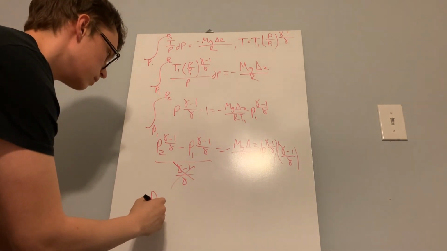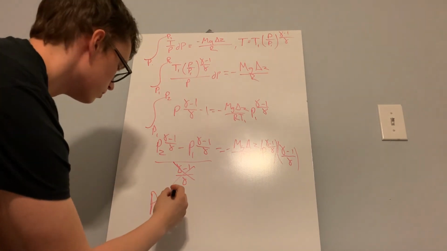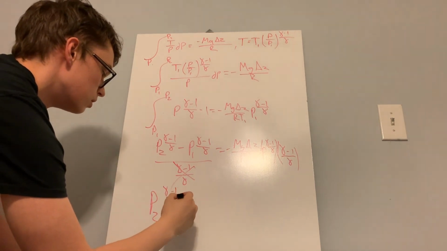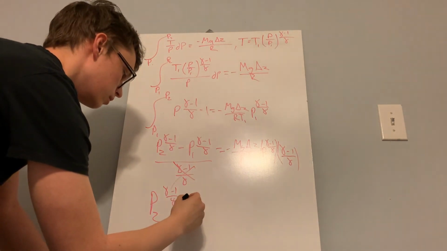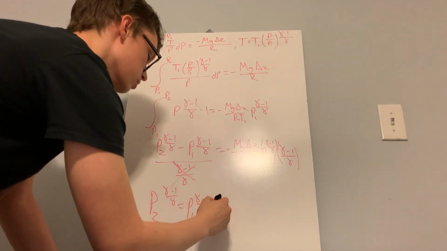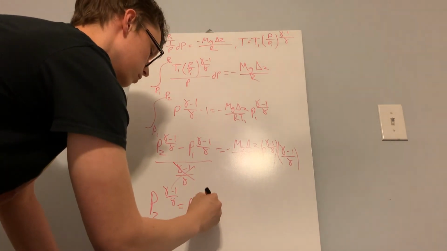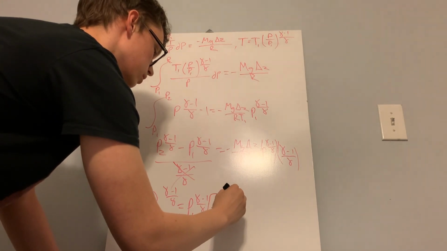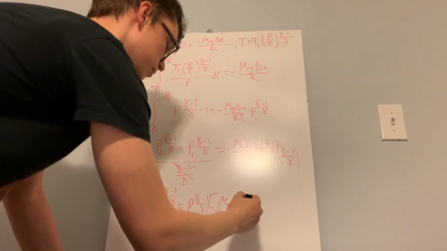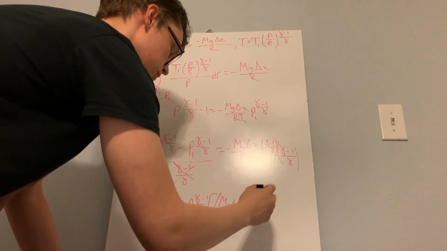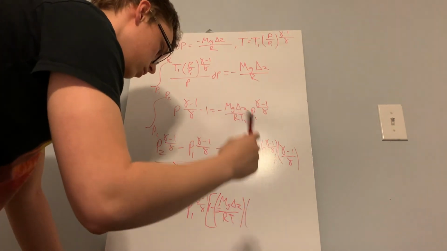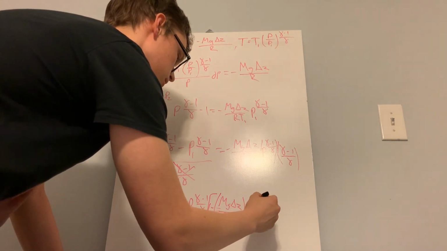So P2 to gamma minus 1 over gamma is equal to, we can get P1 over to this side, P1 to gamma minus 1 over gamma multiplied by negative mg delta z over RT, and multiplied, we have 1 minus mg delta z over RT, and then multiply by gamma minus 1 over gamma.